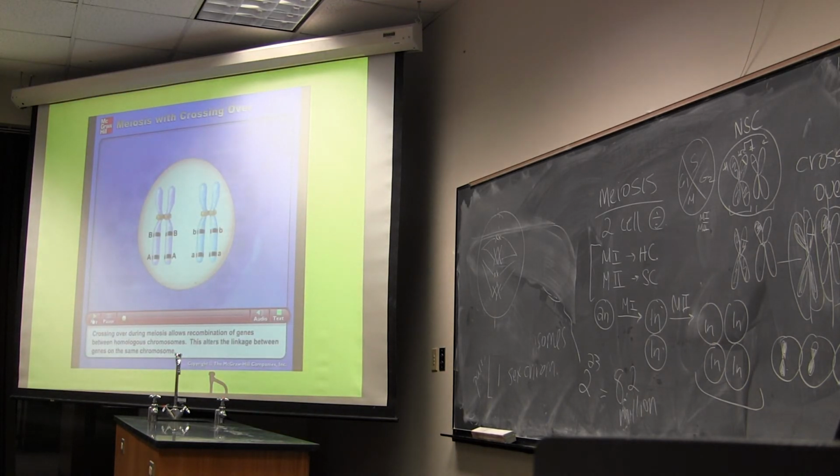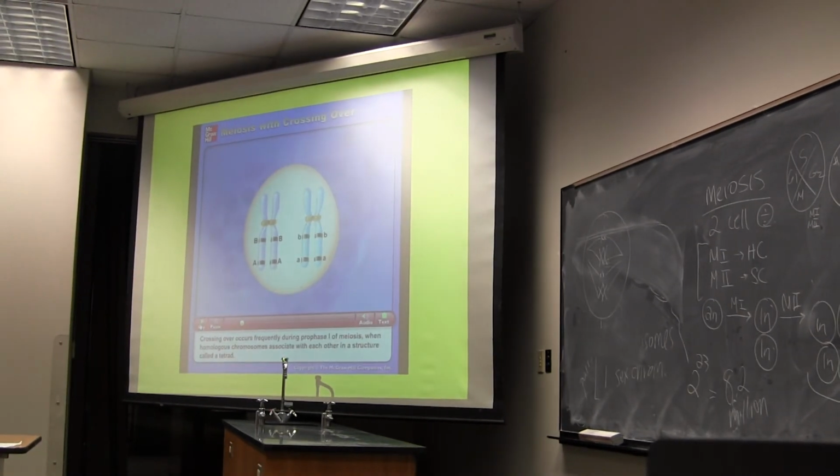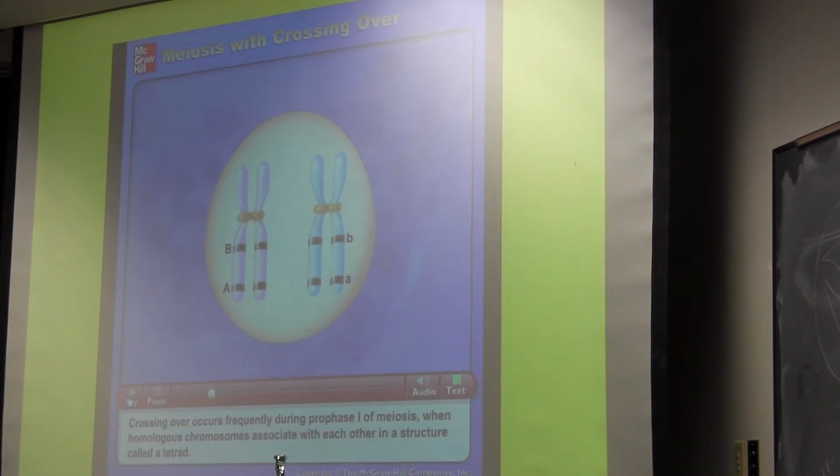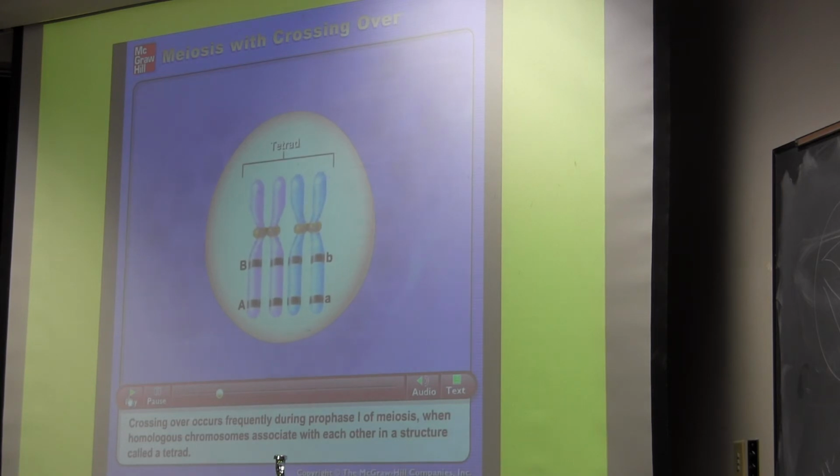Crossing over during meiosis allows recombination of genes between homologous chromosomes. This alters the linkage between genes on the same chromosome. Crossing over occurs frequently during prophase 1 of meiosis, when homologous chromosomes associate with each other in a structure called a tetrad. First, consider the possible inheritance of alleles for 2 genes on a particular chromosome when crossing over does not occur.